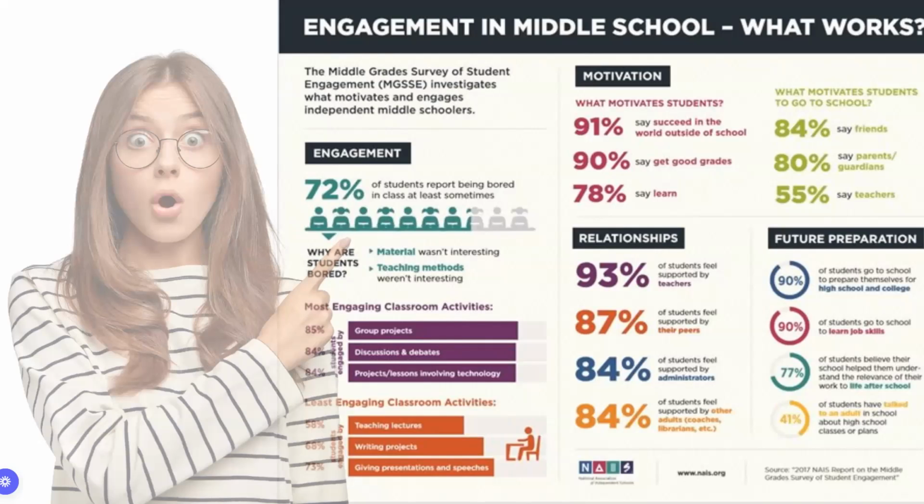Why? And again, this is middle school, but this can relate to elementary, can relate to homeschool, right? Any age, really. This can relate to ourselves. So why were they bored? Of that 72%, well, the material wasn't interesting. The teaching methods were not interesting.